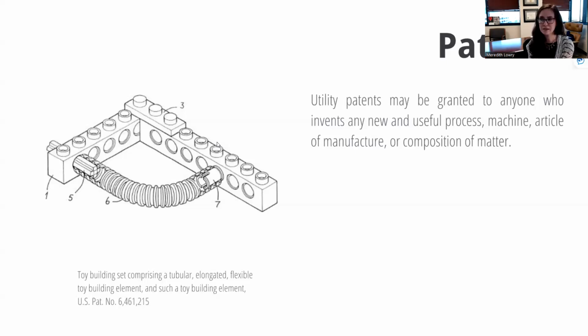So in this instance, this patent describes a toy building set that has, and attorneys, patent attorneys specifically, like their odd words, a tubular, elongated, flexible toy building element, which is more than likely number 6 in this drawing.